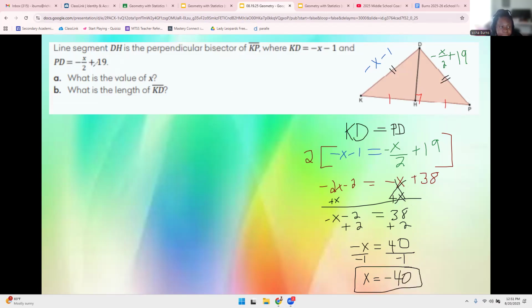All righty, so that would be part A. And then the next one is, what is the length of KD? We know that KD is equal to negative x minus 1. So this is going to equal negative negative 40 minus 1, which will give us positive 40 minus 1, which is 39.